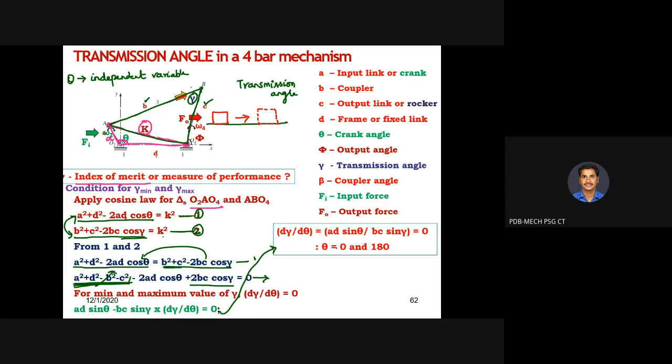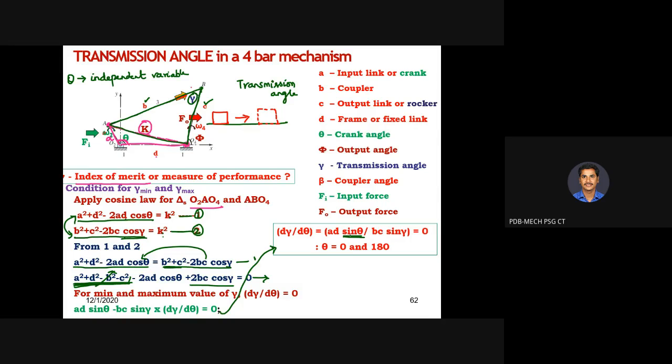Correct or not? For this equation to become 0, you can substitute theta value as 0 or 180 because it is in sin. So sin 0 makes the whole equation 0, or sin 180 also makes it 0. So for that case only you will be getting the minimum and maximum transmission angle.